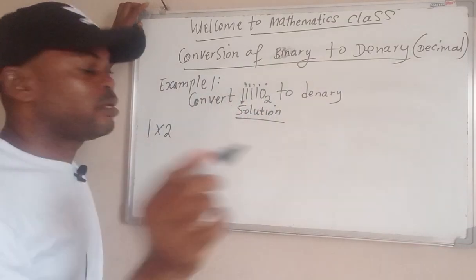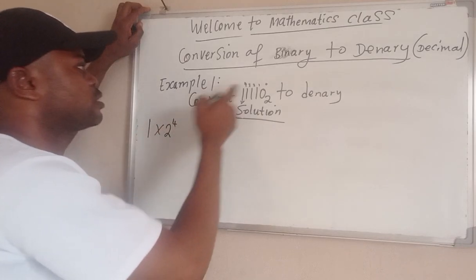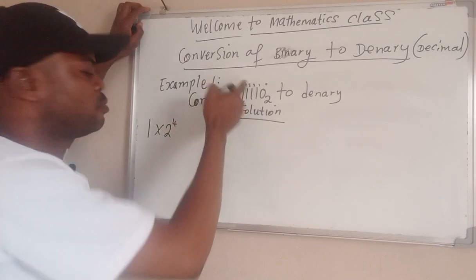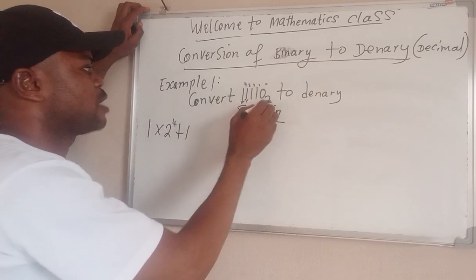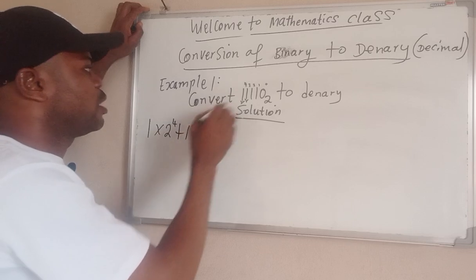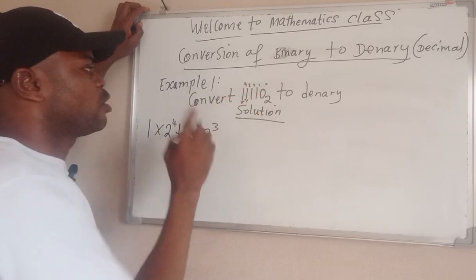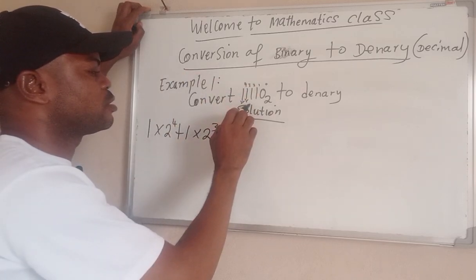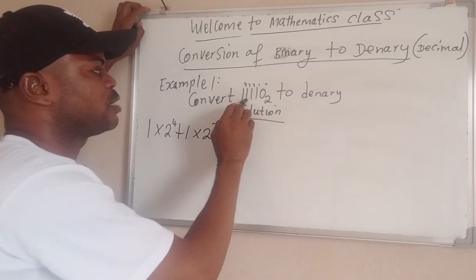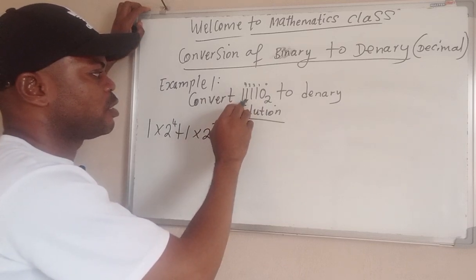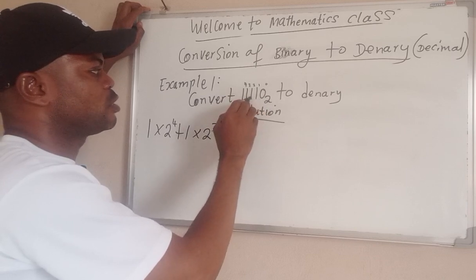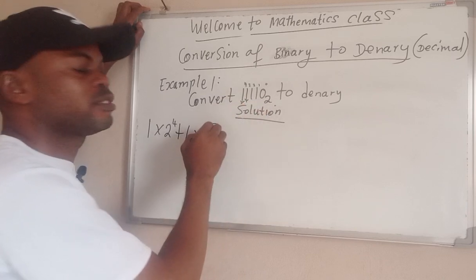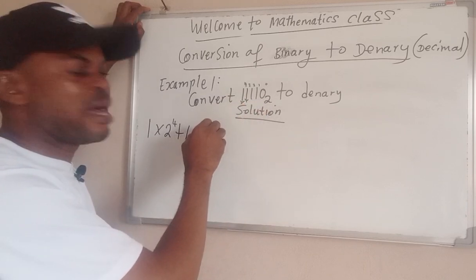The remaining digits are 4, which coincides with the 4 I wrote before. The next value will also be 1 times the base again, multiply with 2, raised to the power 3, or simply count the remaining digits, which is 3. Write 3 as the power.